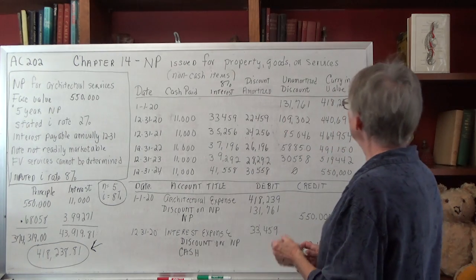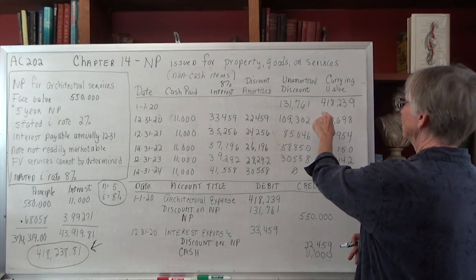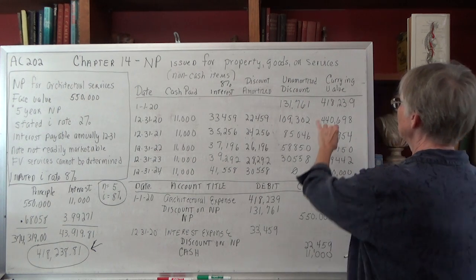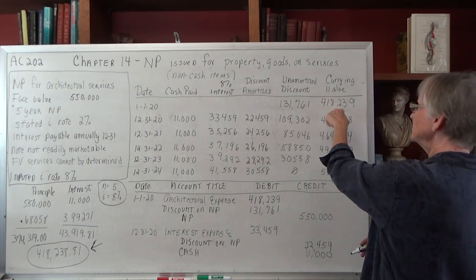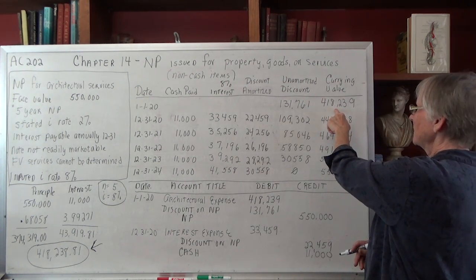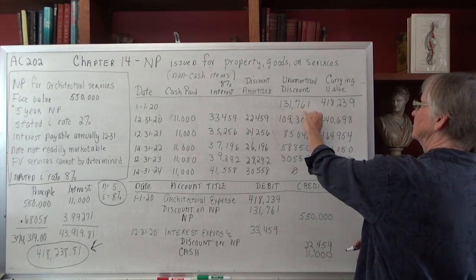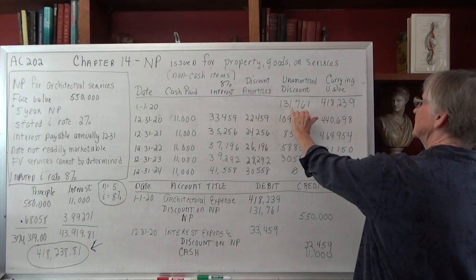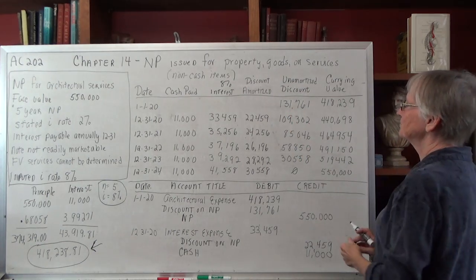Okay, and that means that our unamortized discount is $131,761. So we took the $550,000 minus the present value, and the difference is this $131,761. And that's the unamortized discount on this note.